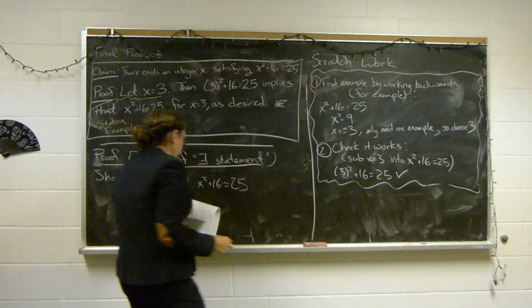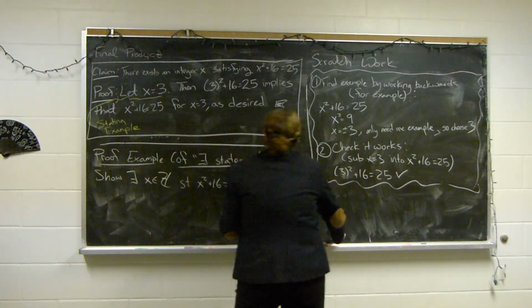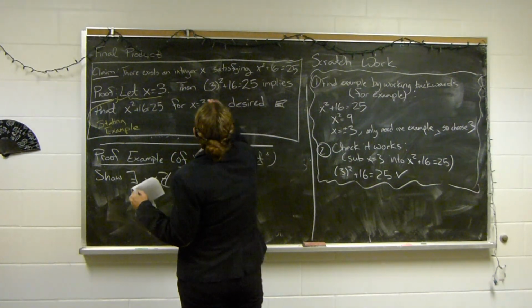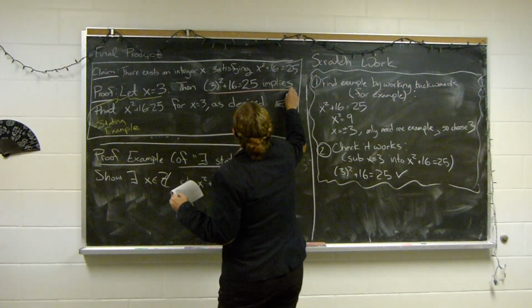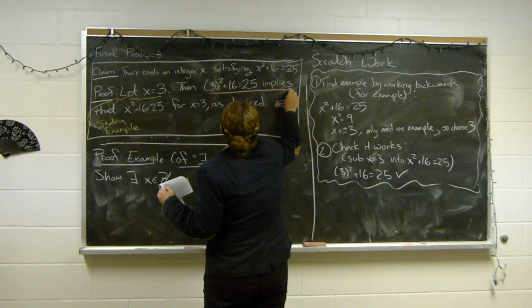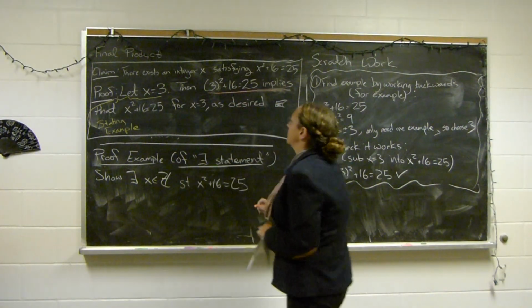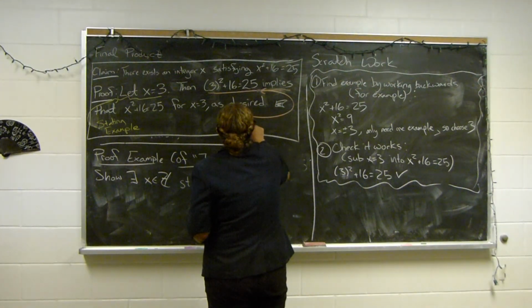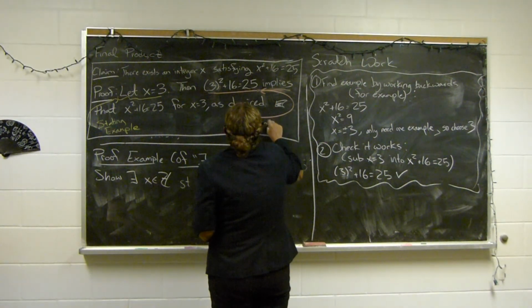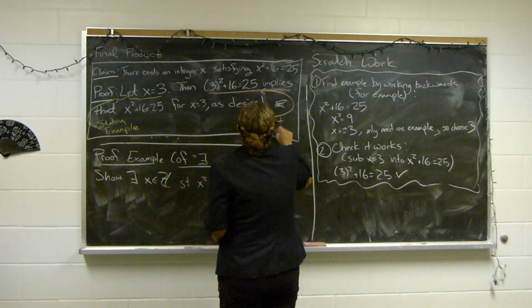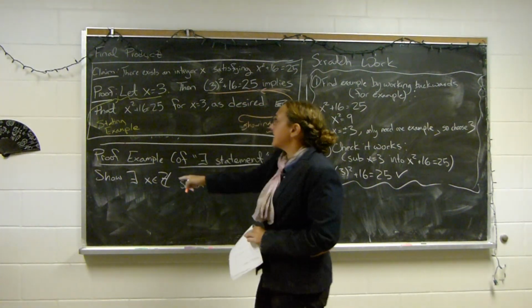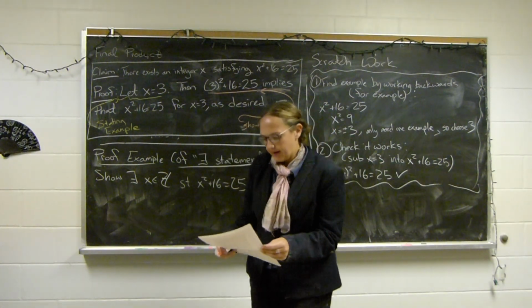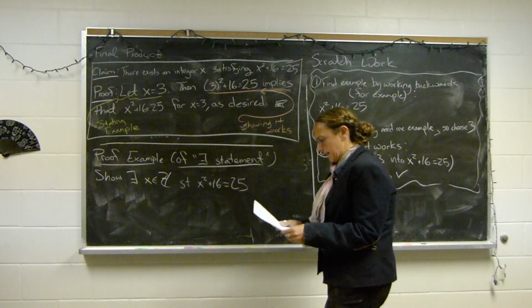And then in this part, actually I kind of do it there. I'm just showing it works. Now we could note, because I said x had to be an integer, it would be nice to actually note that 3 is indeed an integer. But otherwise, this is perfect, just like that.